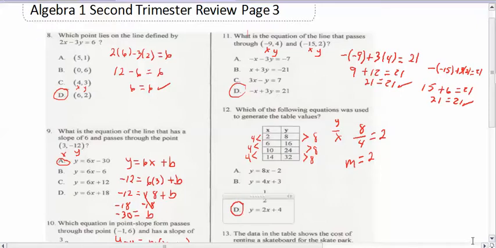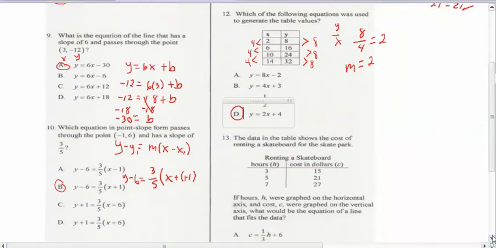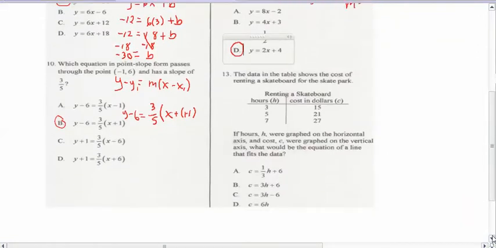Okay, the next one, number 13. Same idea. We're going to go through and find the slope because we're trying to find an equation here. So between here and here, the difference is 6. Between here and here is 6. 3 and 5 is 2. 5 and 7 is 2.